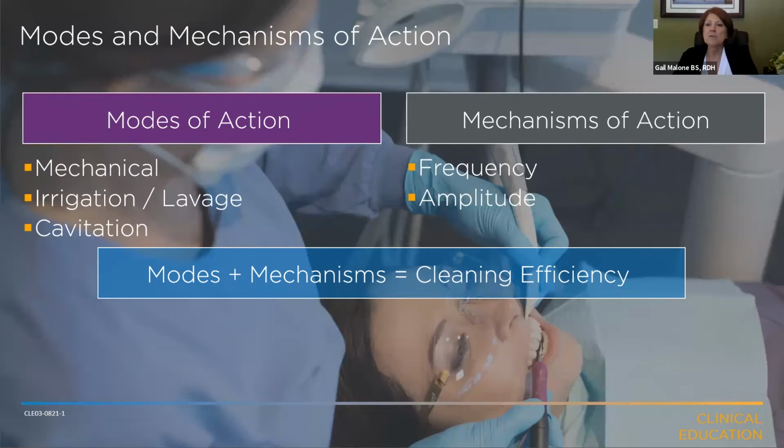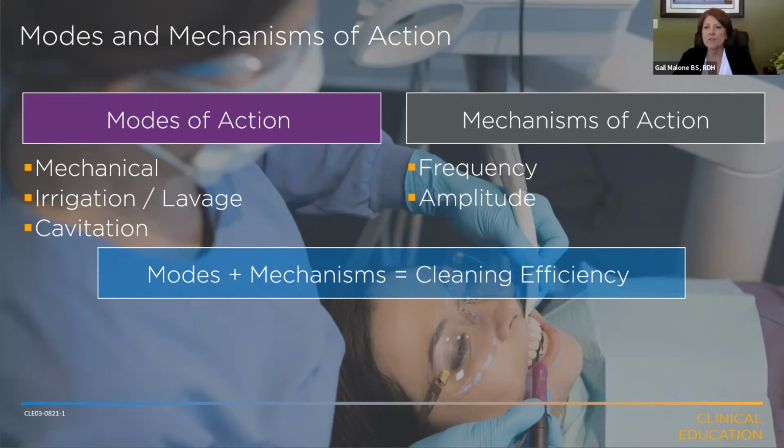So now we've had an overview on ultrasonic technology. We've talked about some of the considerations for implanted cardiac devices and some of the other devices on the market. Let's take a look now at the different modes and mechanisms of action for powered instrumentation. And these modes and mechanisms of action apply to both piezoelectric and magnetostrictive technology.